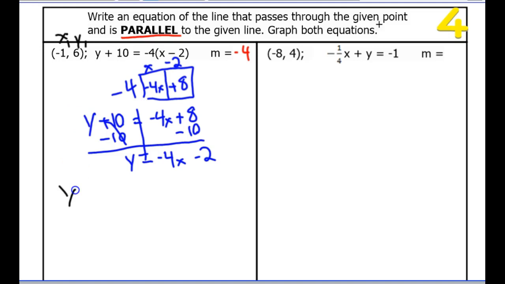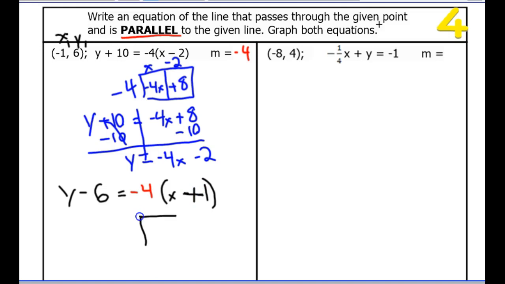So y minus y1, which we said was 6, equals our slope, which if it's parallel is the same, so -4, times x minus x1, which x1 is -1. Two negatives in a row we can make positive.